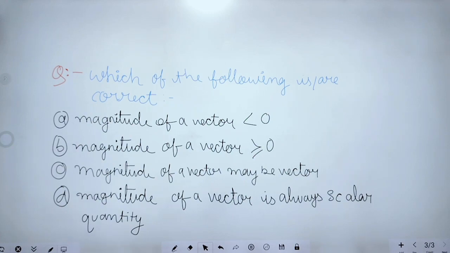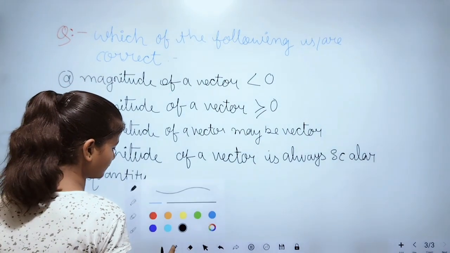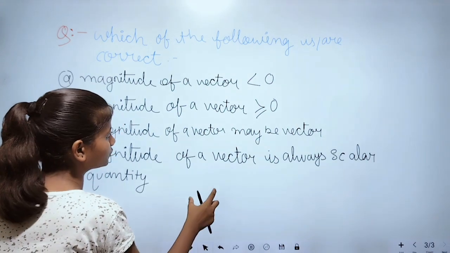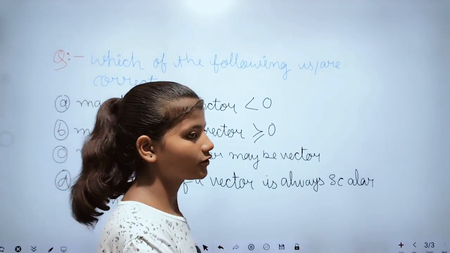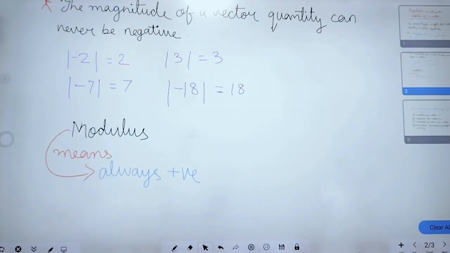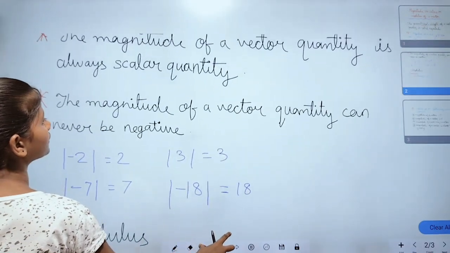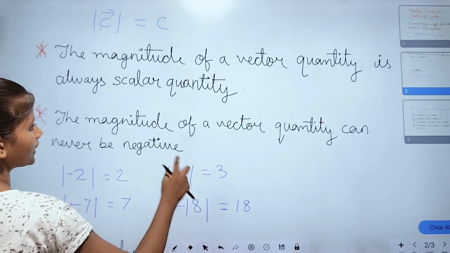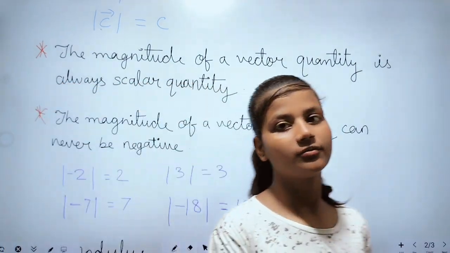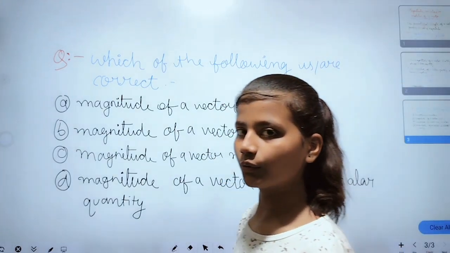Less than 0 means -1, -2, -3 and so on. But here we can see that the magnitude of a vector quantity can never be negative. So that's why this option is not true.